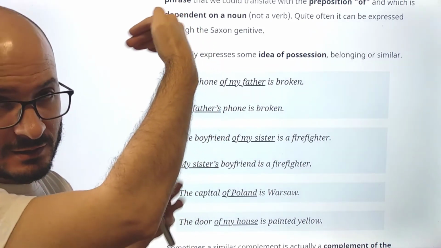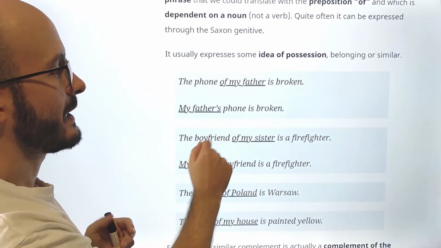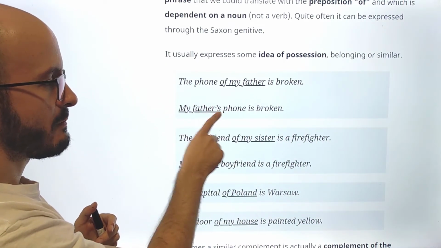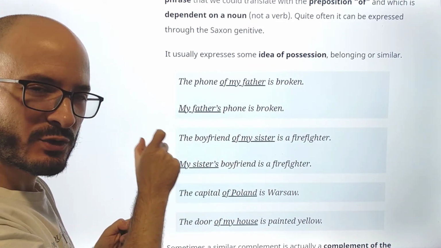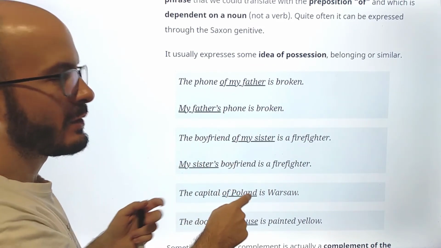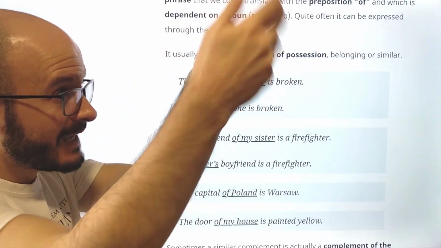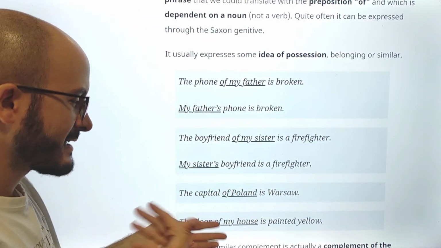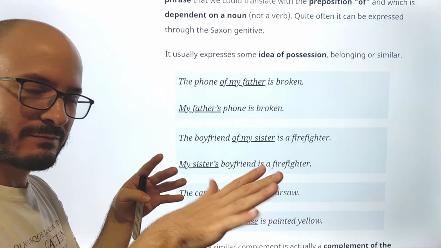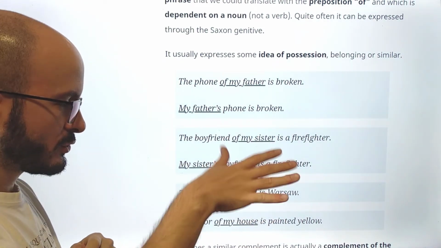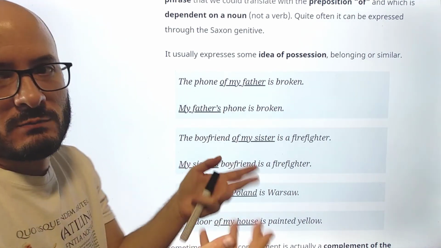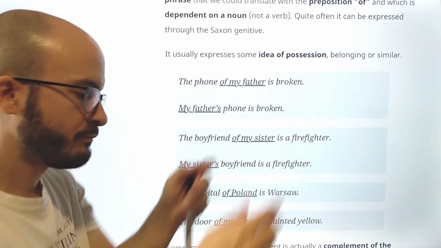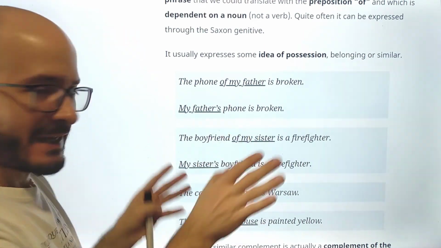So you see that there is this kind of continuum: when it refers to people, we prefer my father's, my sister's, but once it doesn't refer to people strictly, Poland, okay, Poland is like a country with people, so Poland's capital, the capital of Poland, I'm not super sure which one is better, maybe, but here definitely we know that of my house, a house is a thing. So of my house. In any case, it doesn't matter, okay?